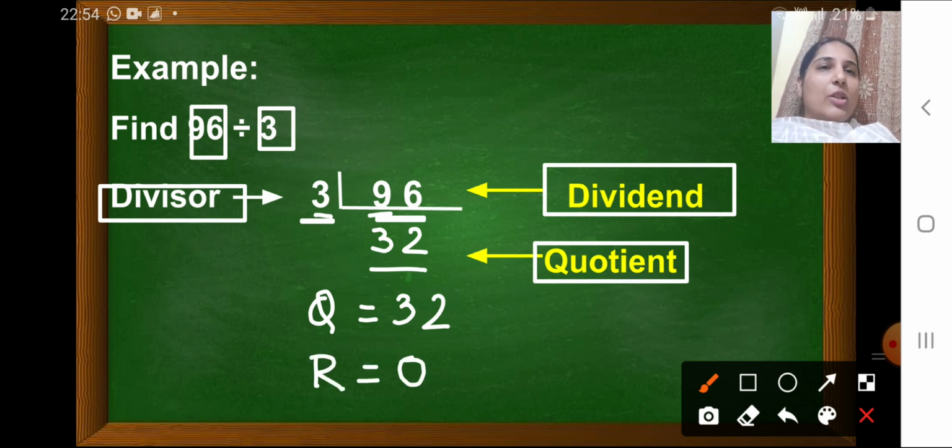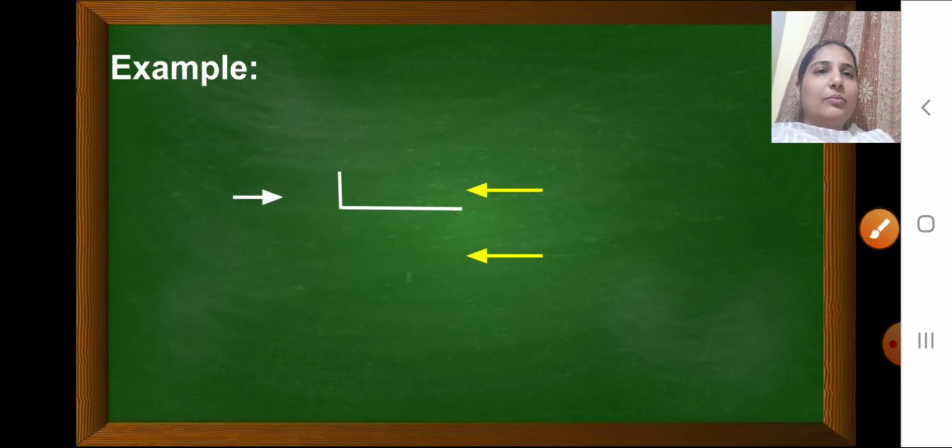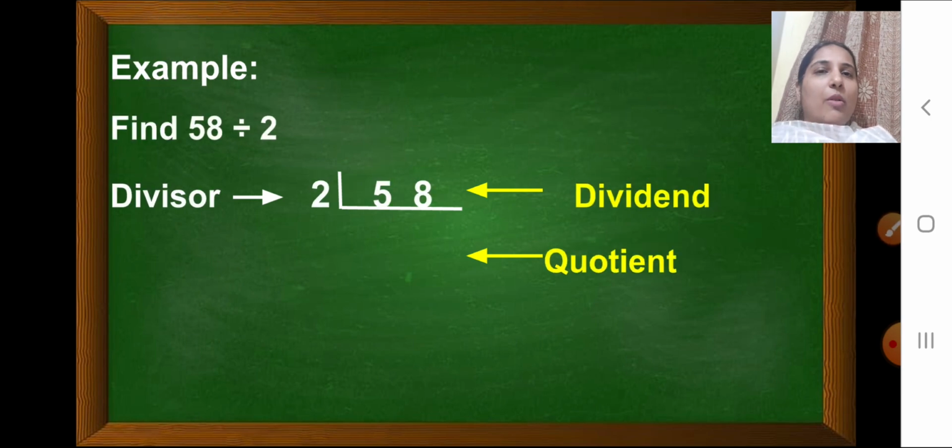Okay, so that is one example of the short division method. Now let's take one more example. Now find 58 divided by 2.